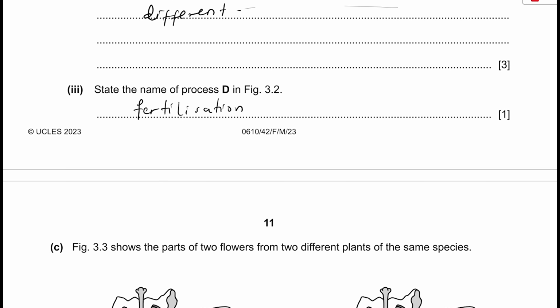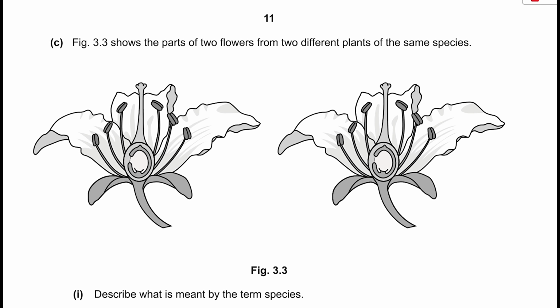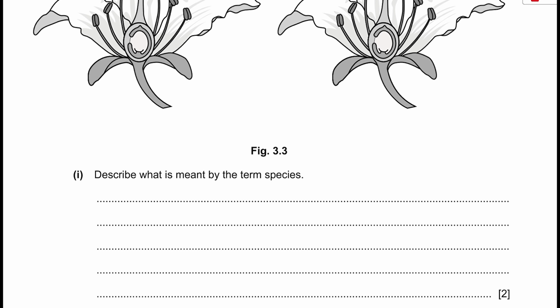Okay, C says figure 3.3 shows the parts of two flowers from two different plants of the same species. So two flowers from two different plants, but it is the same kind of species. Now what is meant by the term species? So we say that species are organisms that can breed to reproduce fertile offspring. Alright, so they are organisms that can breed to reproduce what? Fertile offspring. They must be fertile.